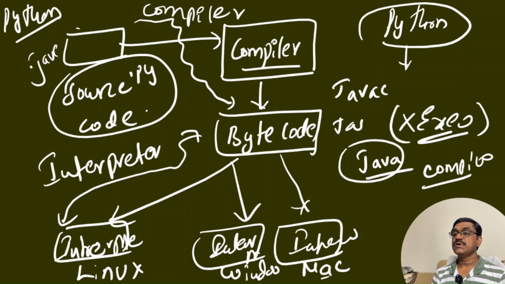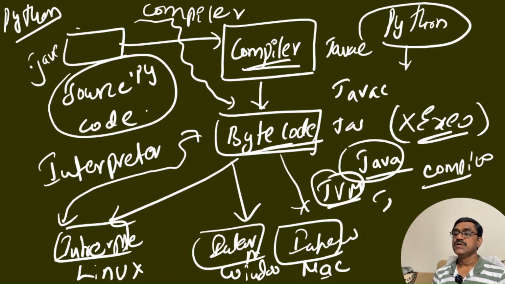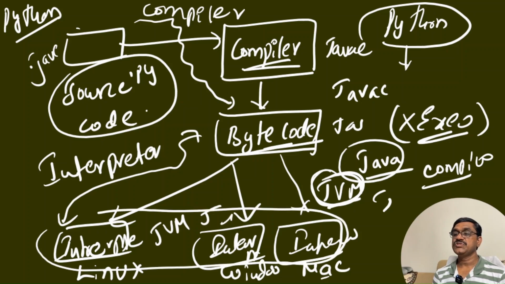This .java file is converted into bytecode by the javac compiler. This Java bytecode can be executed by the JVM, the Java Virtual Machine. The JVM must be installed on other machines.